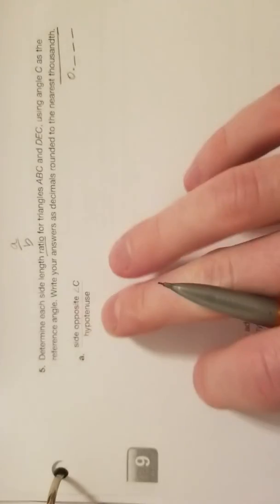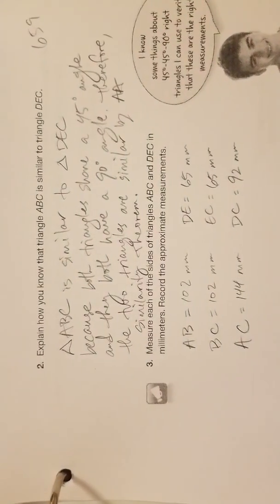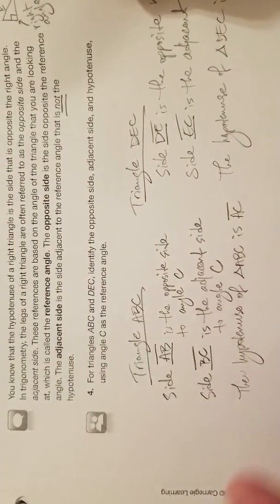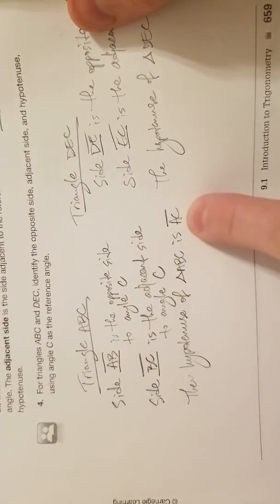Okay? We want the side opposite of angle C divided by the hypotenuse. So let's go back and say, down here we have AB is the opposite to angle C. So I'm going to be dividing AB over the hypotenuse, which we said was AC. So I want AB over AC.